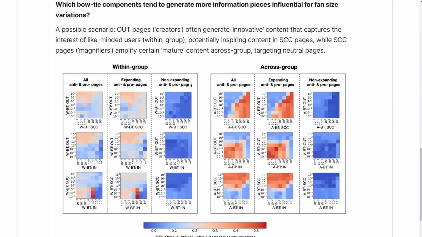This suggests a possible scenario: out pages, the information creators, often generate innovative content that captures the interest of like-minded users and potentially inspires the content in SCC pages, while SCC pages, the information magnifiers, amplify certain mature content across groups, targeting the neutral pages.